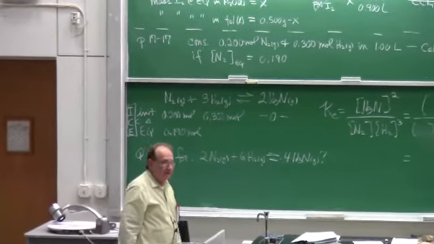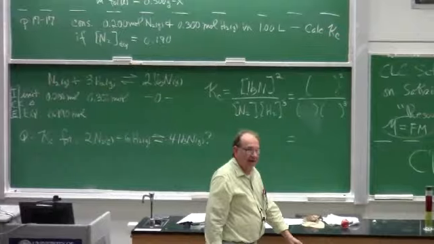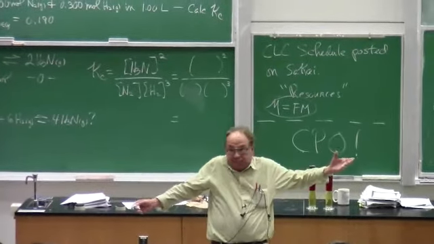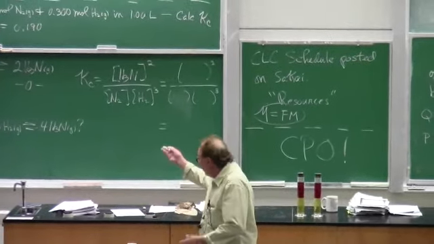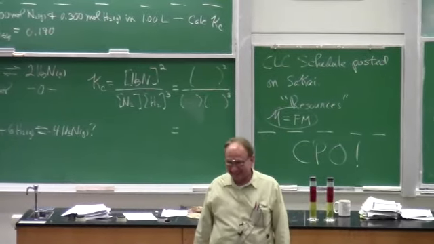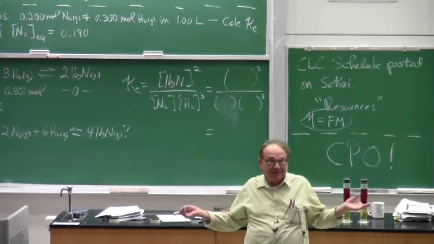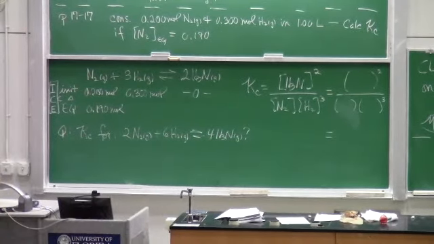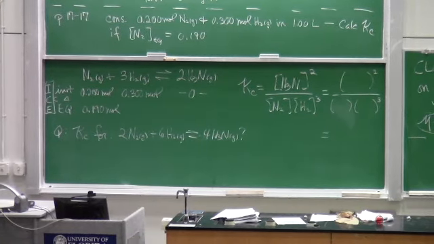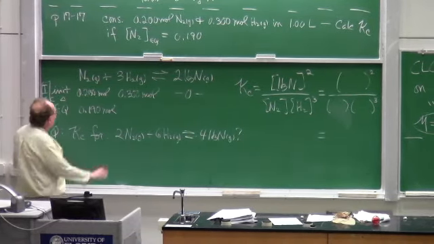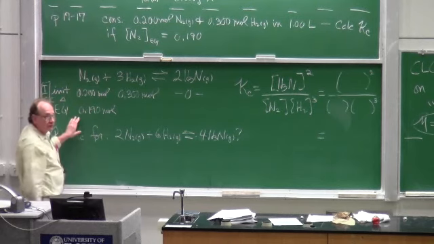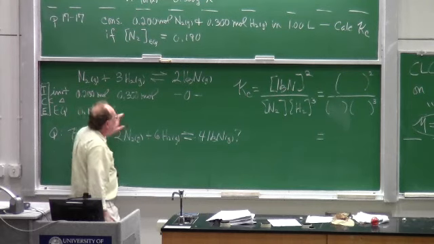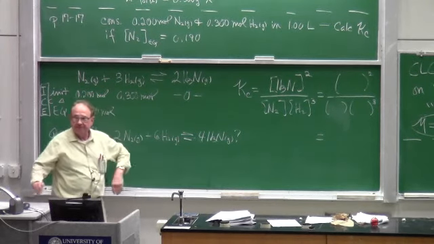And students oftentimes come to me after we've done an analysis like this, and they say, why don't you use an ICE state? And I often say, well, what the hell do you think this is? It's an ICE state. If I started with 0.200 moles of nitrogen and wound up with 0.190 moles of nitrogen, how much ammonia did I make?